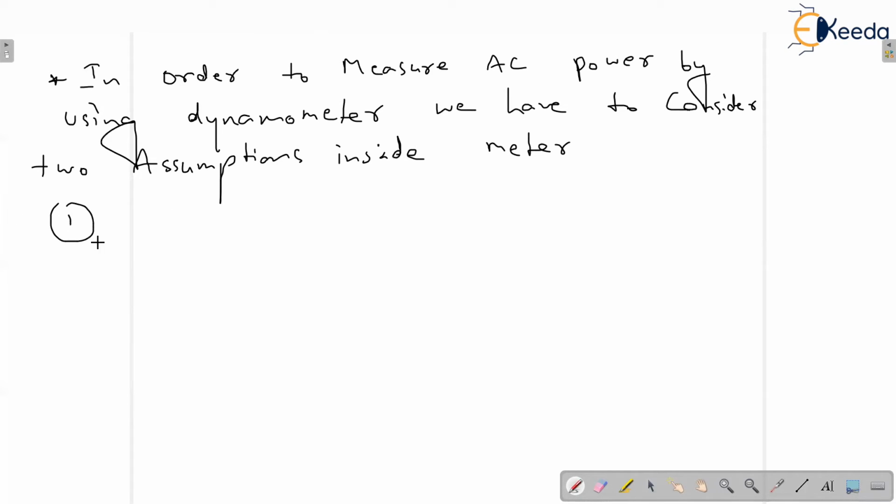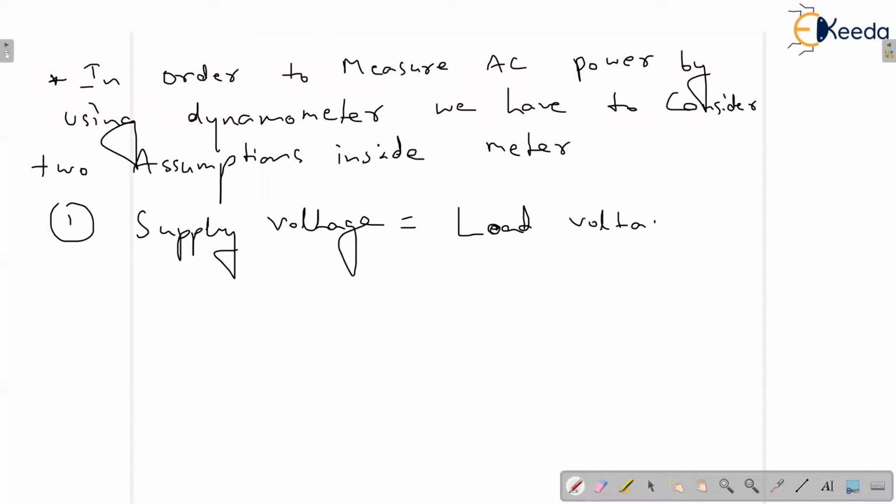One, supply voltage is equal to load voltage. That is, the voltage drop in the current coil is neglected. V phase is equal to VL.